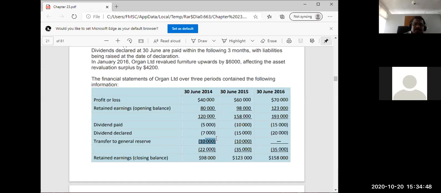You are just changing the figures of two respective reserves. You are not increasing the equity, you are not decreasing the equity, just a transfer. So there is no impact when you account for equity if there is any transfer between reserves.